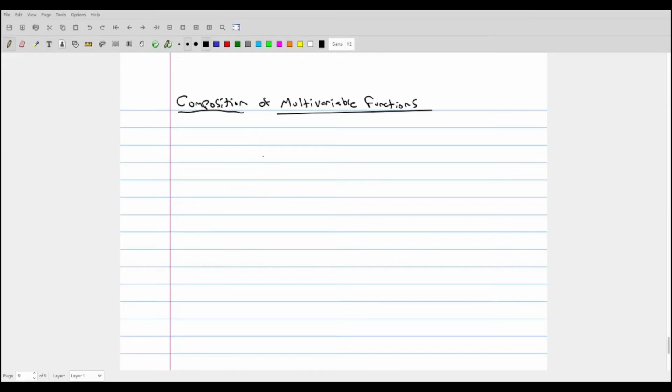So let's say, for instance, we have some function, we'll call it w, equal to f of (x, y). But then you also have that x is equal to some function g of (u, v), and y is also equal to some function h of (u, v).